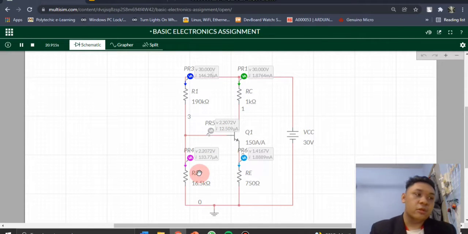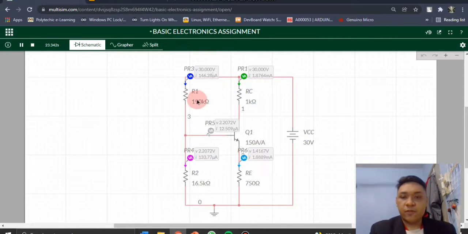The formula is voltage at base over 10, which is 10% of the current, times 13.3, or here at simulation 12.519 microampere. So we got this resistor 16.5k ohm.